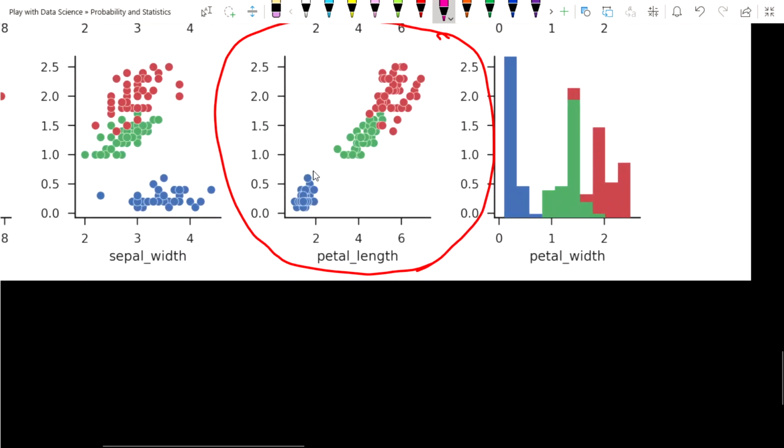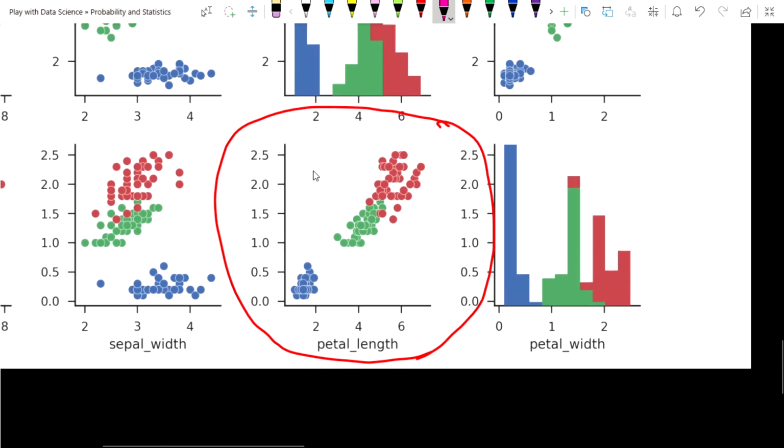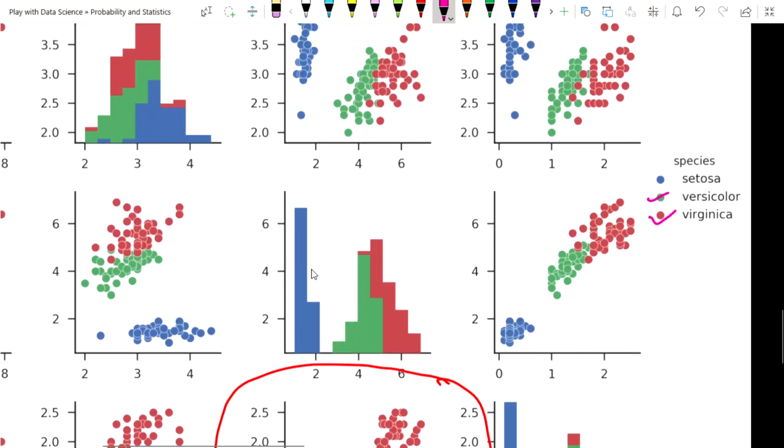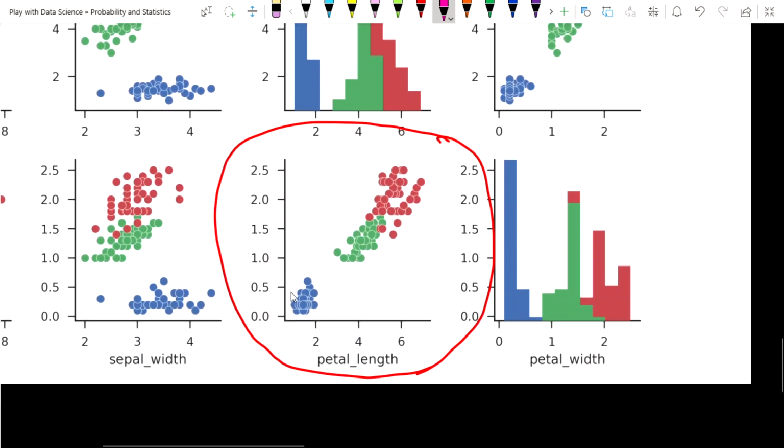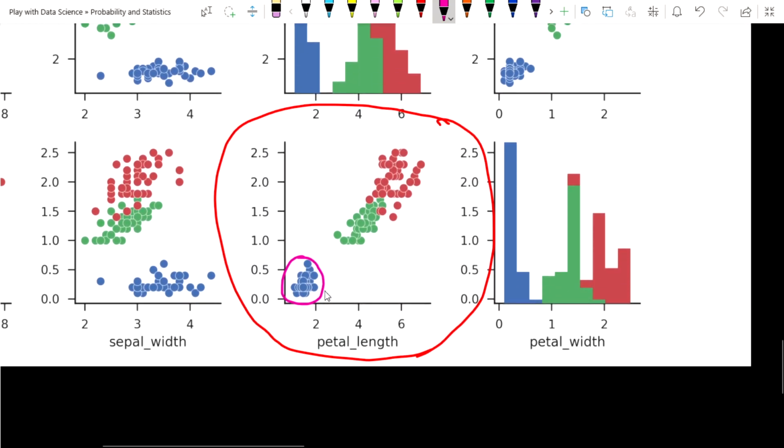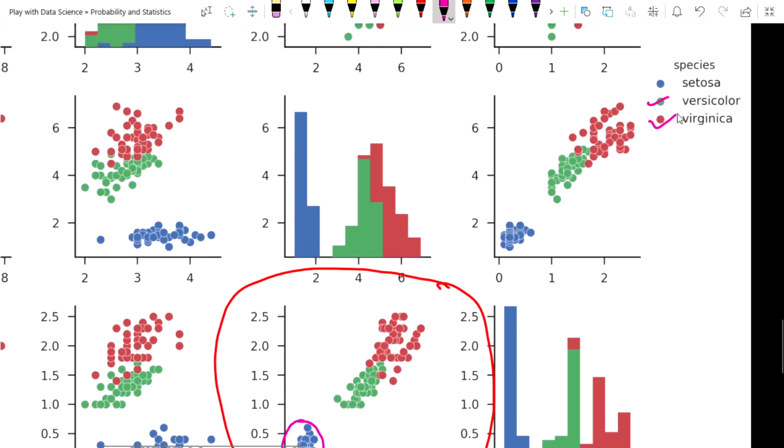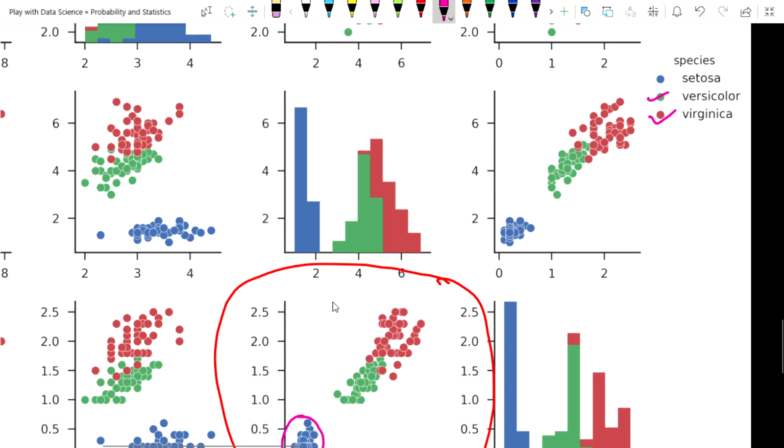I am zooming in for better understanding. So the blue one is the setosa flower, and the blue points are well separated from versicolor and virginica. The blue color, meaning the setosa, is clearly separated.